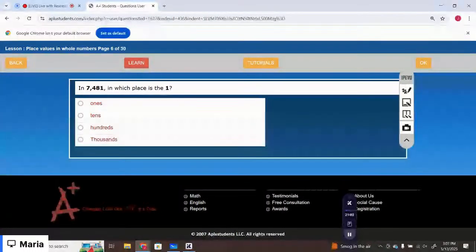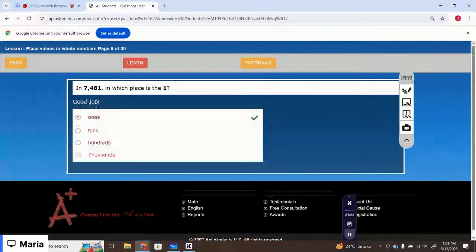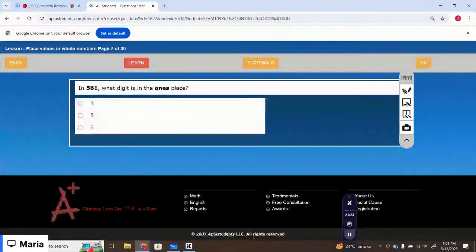In 7481, in which place is the 1? So which is the correct option? One is at the ones place. The correct option is ones. Option number 1 is the correct option.